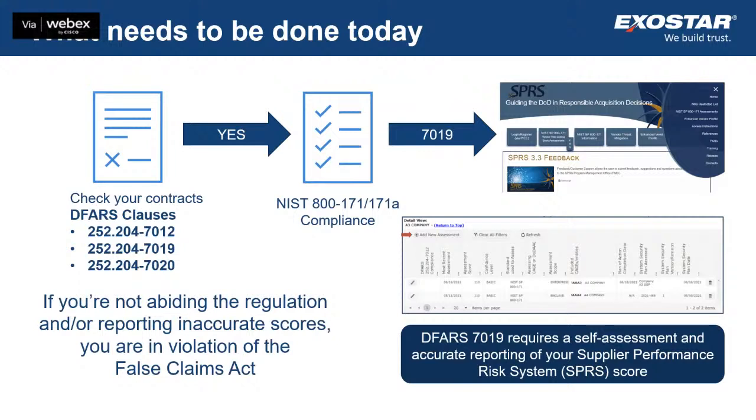So that's, if you will, how these two things will be joined together. It'll still be making sure that you're compliant with those NIST 800-171 controls, but rather than just a self-assessment, it'll also be a third-party assessment every 3 years to ensure that compliance.